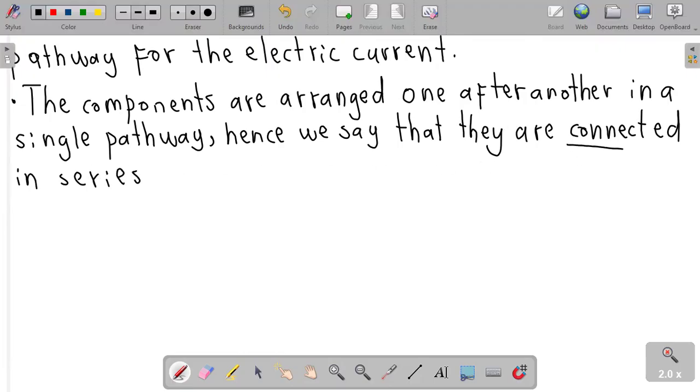They are connected in series, one after another. So if the components are connected one after another, we say that they are in series. In a parallel circuit, they are connected alongside each other. But in a series circuit, they are connected one after the other.